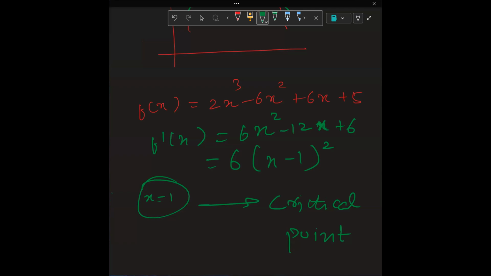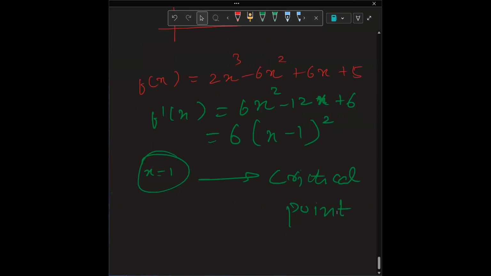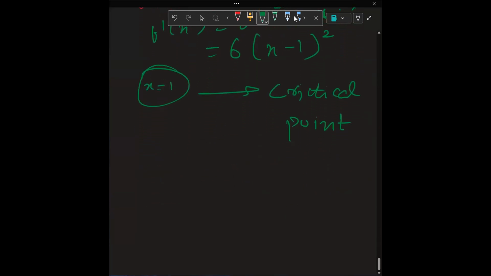Are you getting this or not? Once you get the critical points, then always draw this number line. This is minus infinity, this is 1, this is plus infinity.